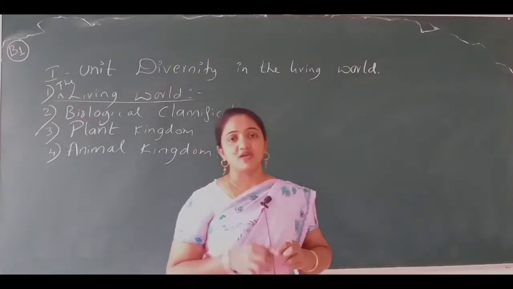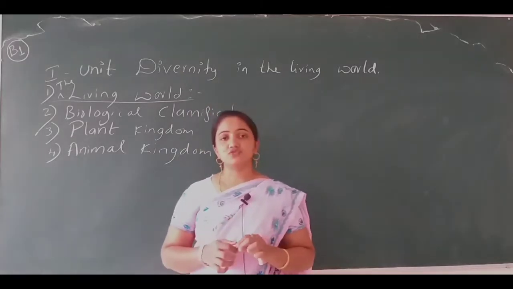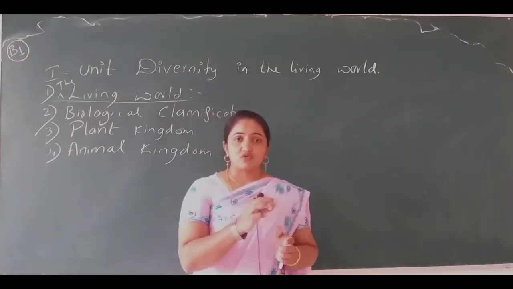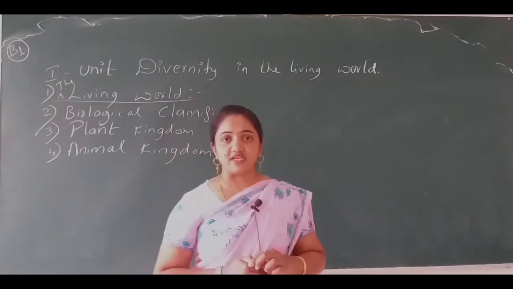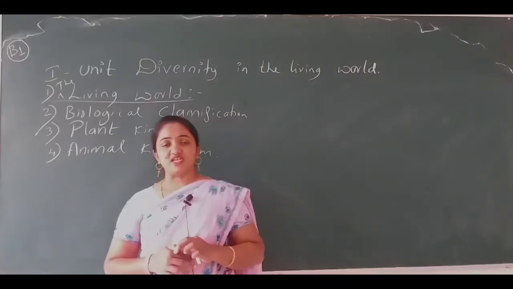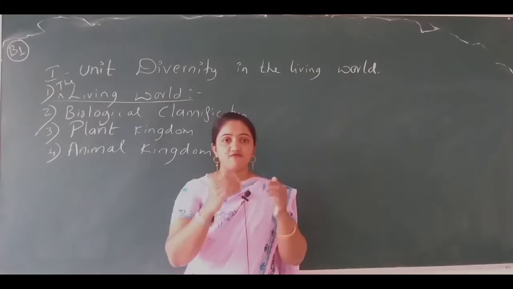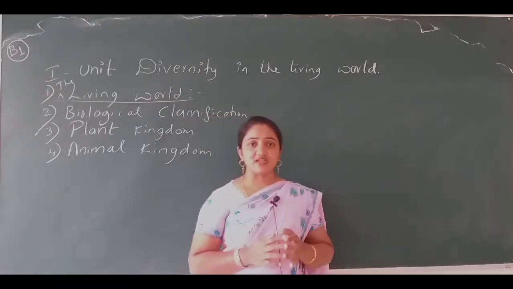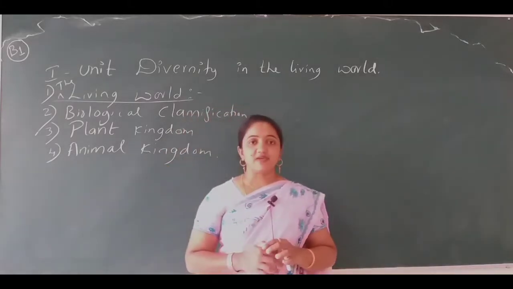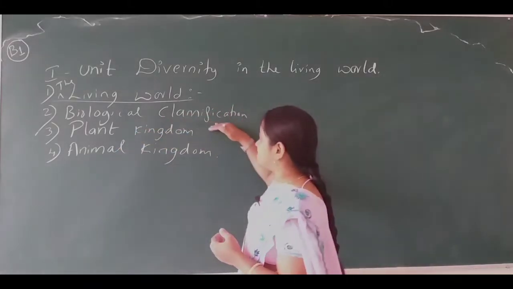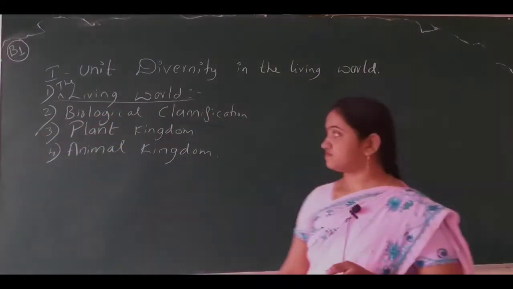If you remember, in the second session of the bridge course, I told you some related concepts about the classification based on W. H. Whittaker. Based on his concepts, we have 5 kingdoms. That only we will be studying in this chapter, biological classification.